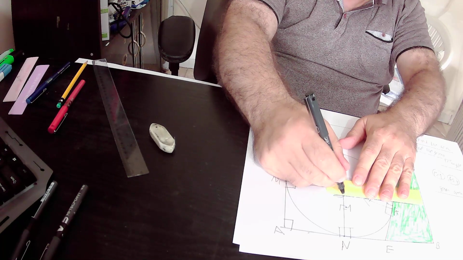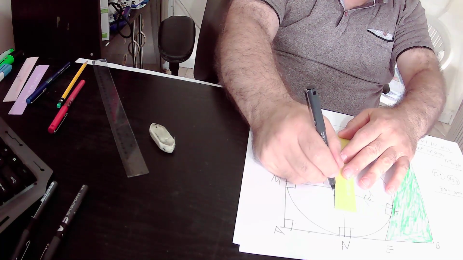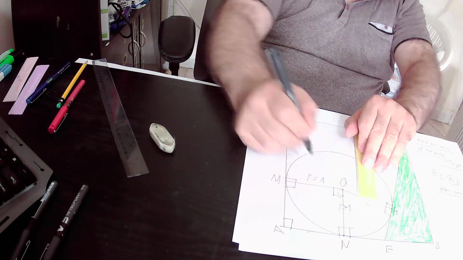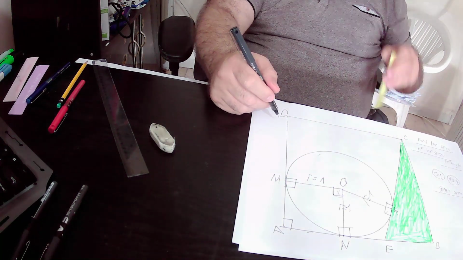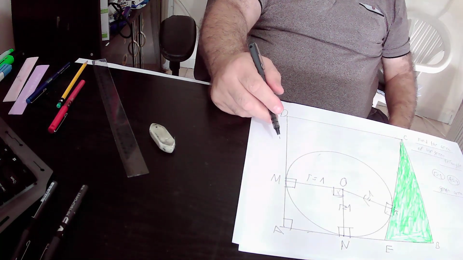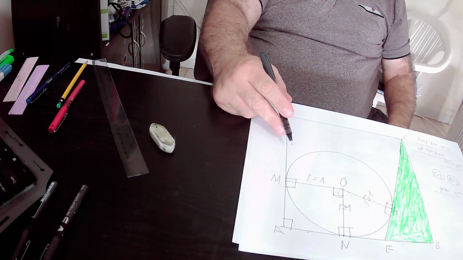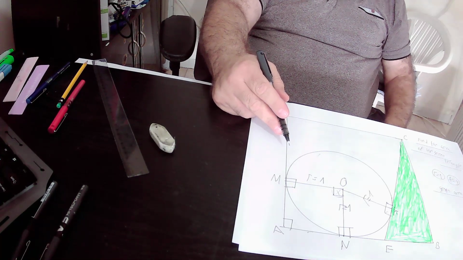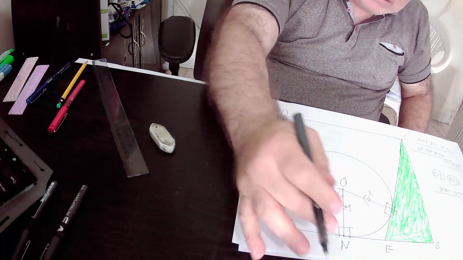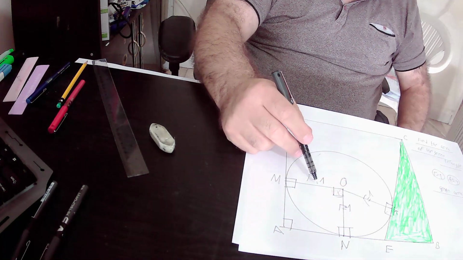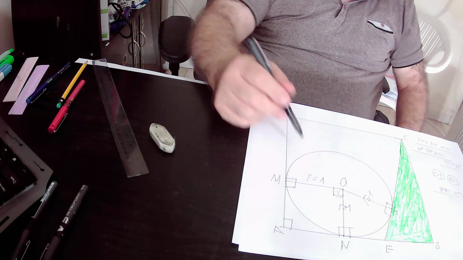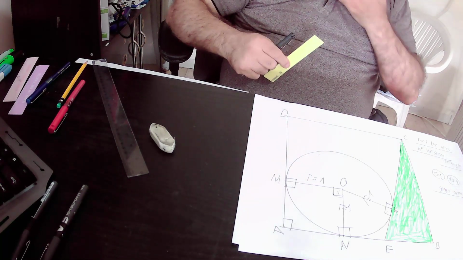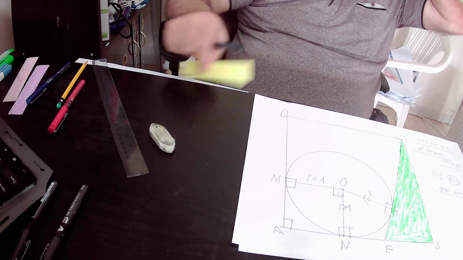Actually, as you can see, all angles inside quadrilateral MOAN are right angles, that is to say, they are equal to 90 degrees. And we also have rule number 3.